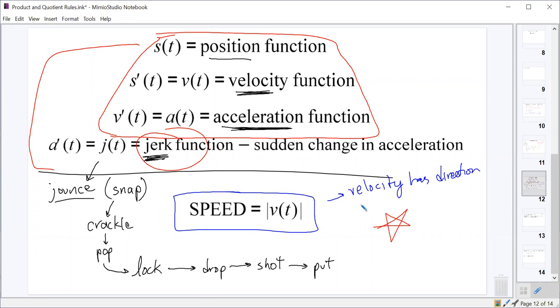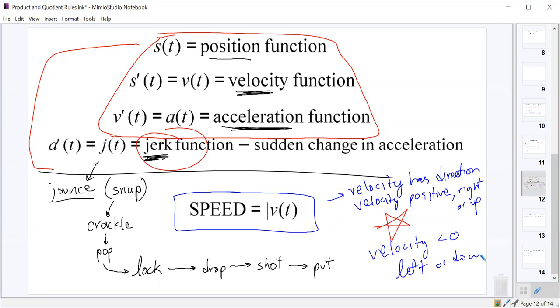So if my velocity is positive, that means I'm either moving to the right if we're talking about in a line, or I'm moving up if we're talking about in a vertical line. And if my velocity is negative, that tells me that I'm moving to the left or I'm moving down.